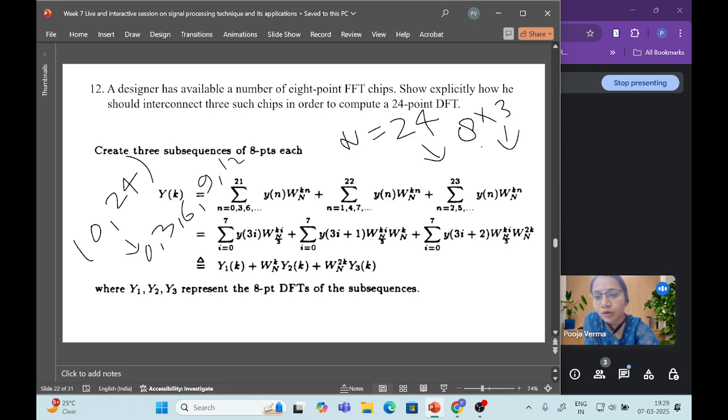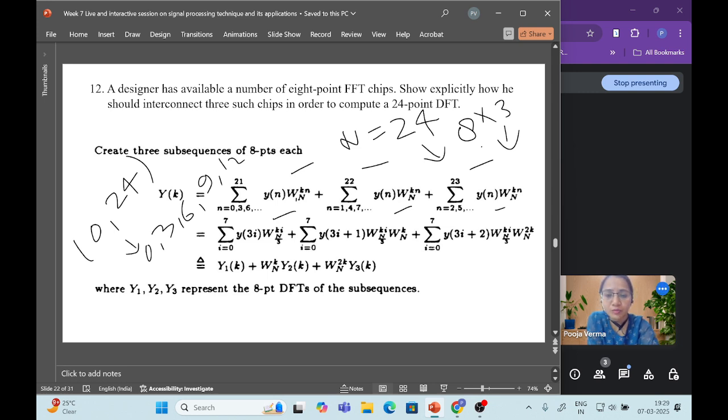So first we have taken the 3 DFT points, that is first one, second one and third one, and each will be divided by an interval of 3. Okay, so already we know this is the basic formula of DFT, Y of k. So we have just divided that 24-point into 3 subsequences, because they have only 8-point DFT chips. So that 8-point DFT we have to connect, the three interconnections will be there.